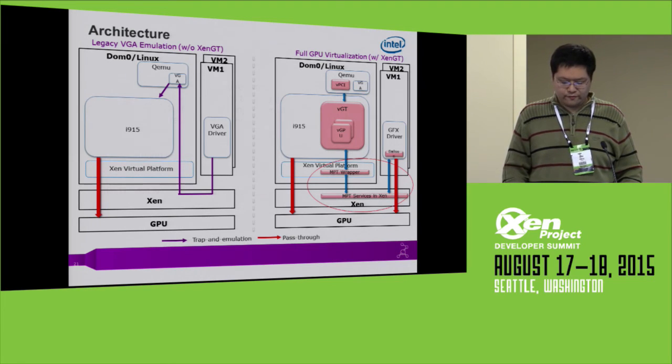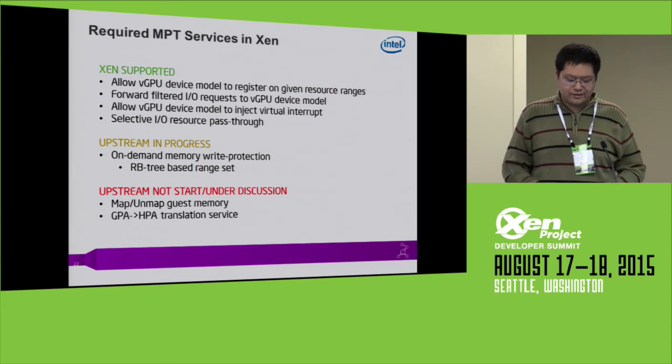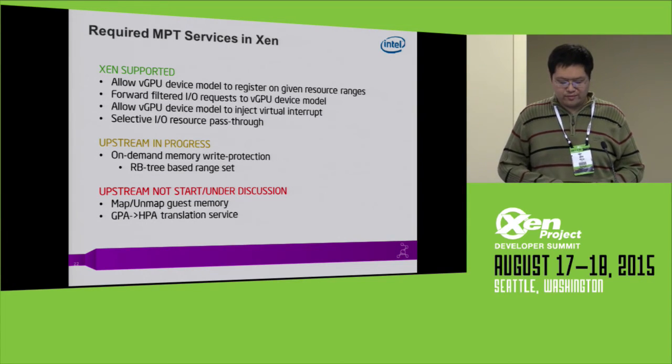For the required MPT services, because the first implementation was based on Xen, some of them are already supported and provided by Xen, and some are still in the process of upstream, like on-demand memory write protection, which we have talked about. We rely on the mechanism to track the guest GPU page table.